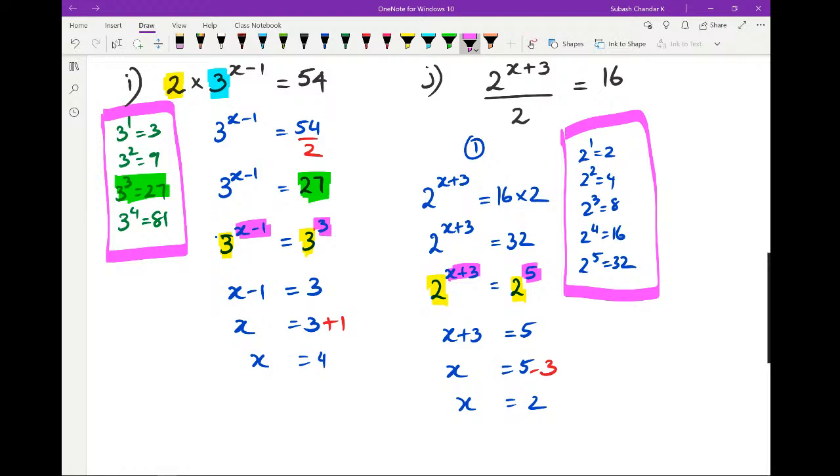Do I have to write it as 2 to the power of 5? Yes, that part you do. When you have 32, you can do it in different ways again, but ideally you want to write it as 2 to the power of 5, then you can put the two bases together. Otherwise, they might count it as guessing and checking. So it's good to write it from that.